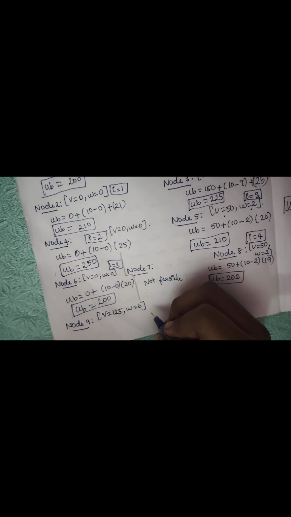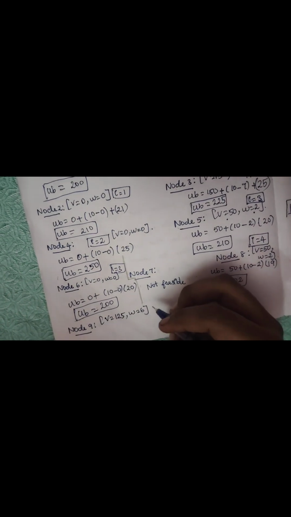What we are doing is adding the value of items C and E. So the upper bound value is substituted in the formula: 125 plus capital W is 10, small w is 6. Then what is the value of I here? I is 5. We don't have the value for item 6.